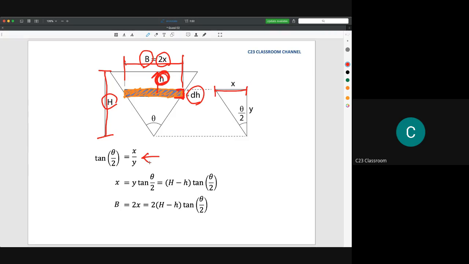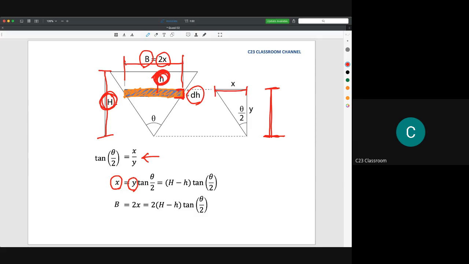Okay, so we start from here. Let's say tangent theta over 2 is x over y, and then we could write x is equal to y tangent theta over 2, and y here, so this is the y-axis, the height of this one, is equal to capital H minus small h.